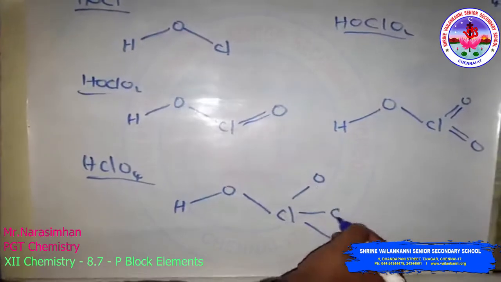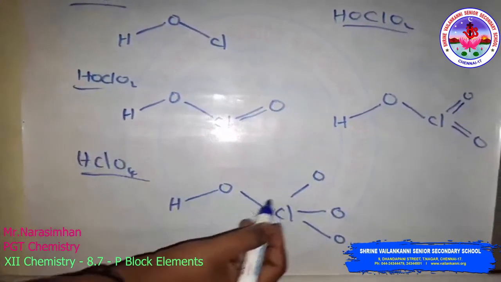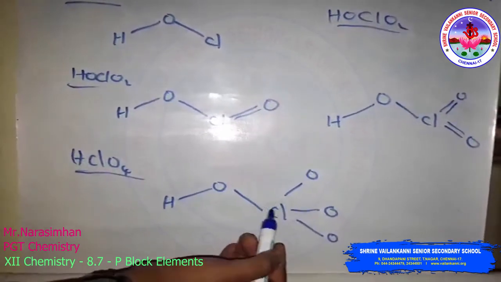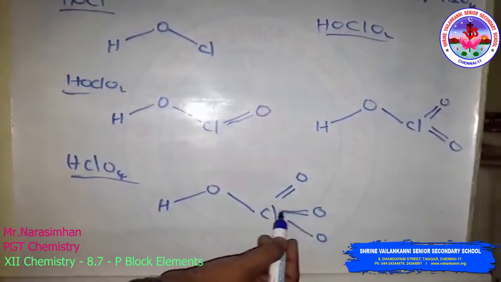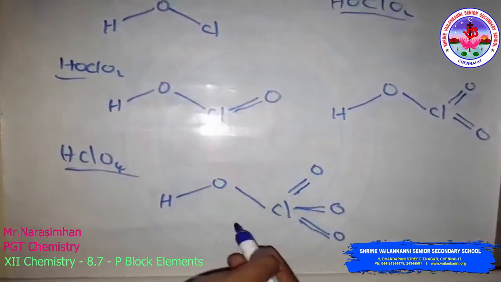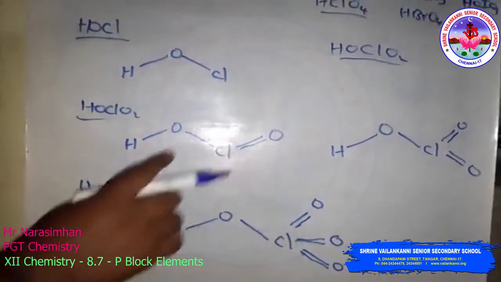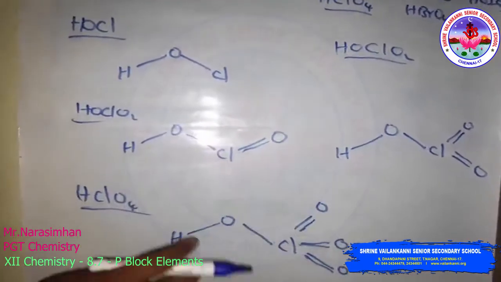So oxygen, oxygen, oxygen. Here the oxidation state is +7, so the bond count is 7, and the remaining is 3. So adding a double bond to each oxygen atom, you will get the structure of perchloric acid. This is the way of drawing the structures of oxoacids of halogens.